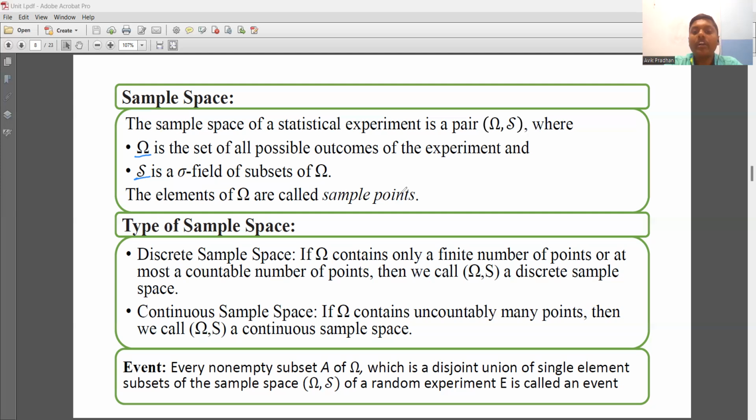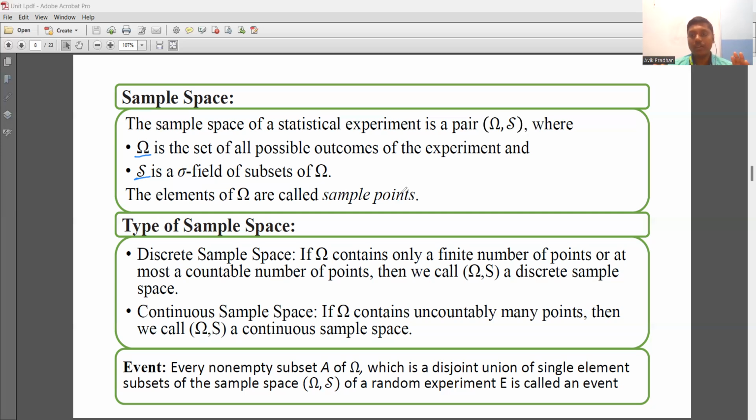If omega contains uncountably many points, then the sample space is called a continuous sample space. So in the example of tossing a coin, we have a discrete sample space. The life expectancy of a light bulb, or of any electronic item, or of a human being, also corresponds to a continuous sample space.